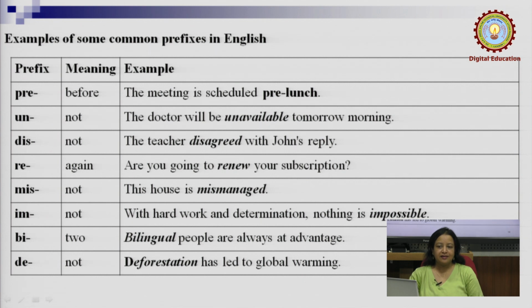Re means again: are you going to renew your subscription? Mis: this house is mismanaged. Im: with hard work and determination, nothing is impossible. Bi: bilingual people are always at an advantage. De: deforestation has led to global warming.